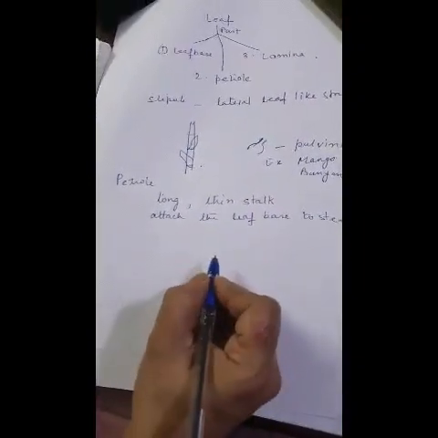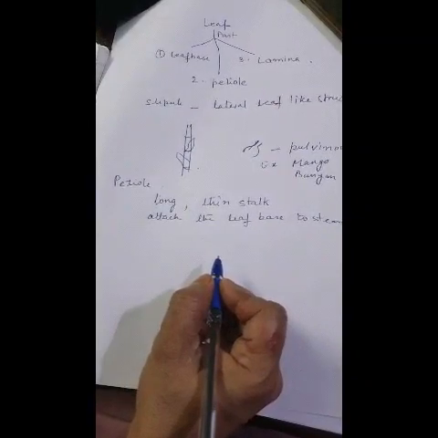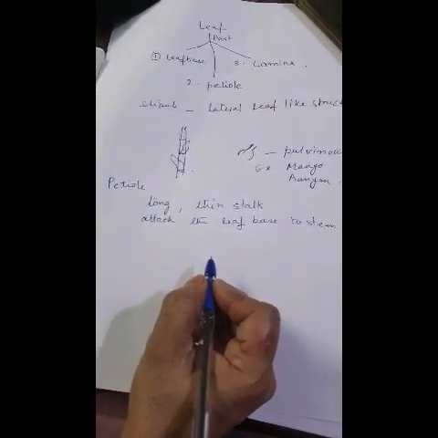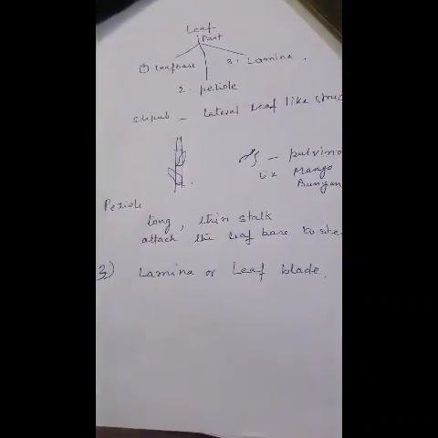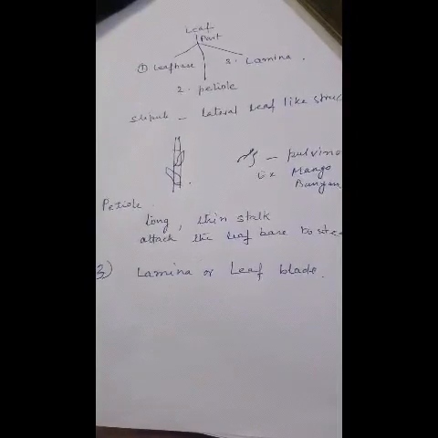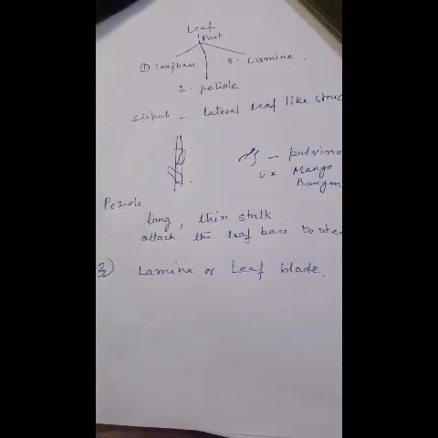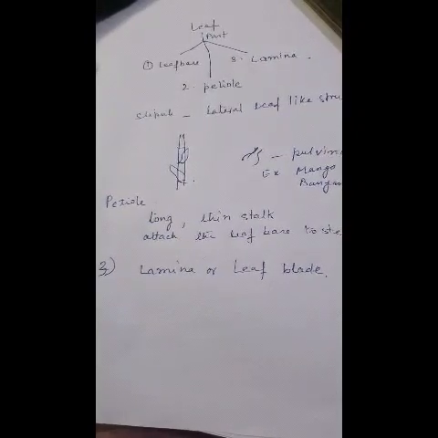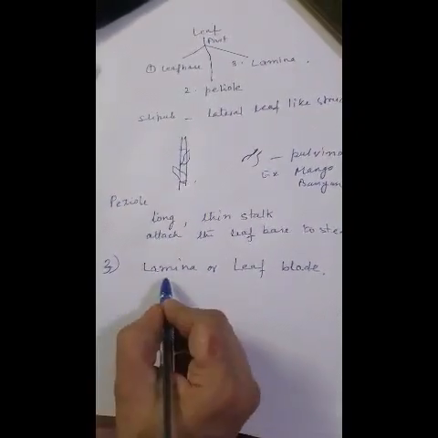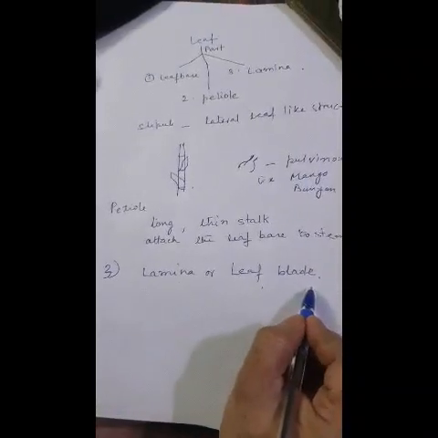Clear? It is long and flexible. Long, thin, flexible petiole helps to hold the blade to light and flutter in wind for cooling the leaf and bringing fresh air. And the third one is lamina or leaf blade.